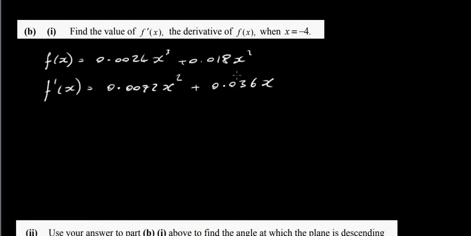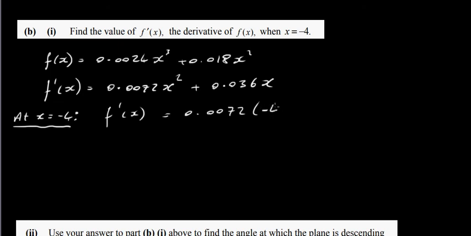And then it says, find the derivative when x is equal to minus 4. So at x is equal to minus 4, so when the plane is 4 kilometers from the origin, if you like, f dash x here, the derivative is going to be 0.0072. We've got minus 4 here squared plus 0.036 here, and then we've got our minus 4 multiplied by that.